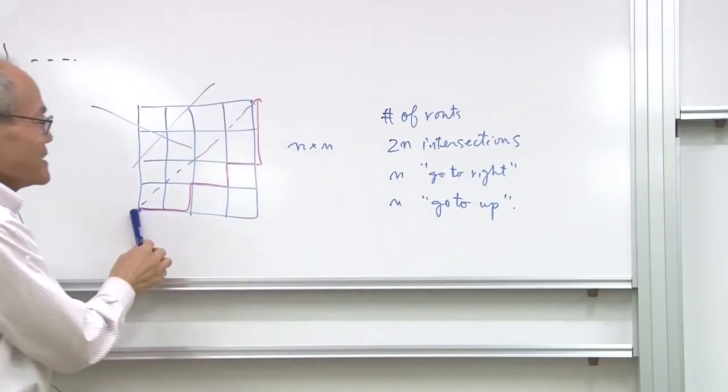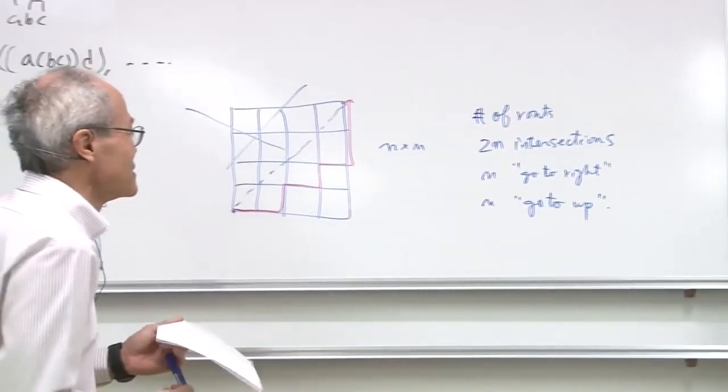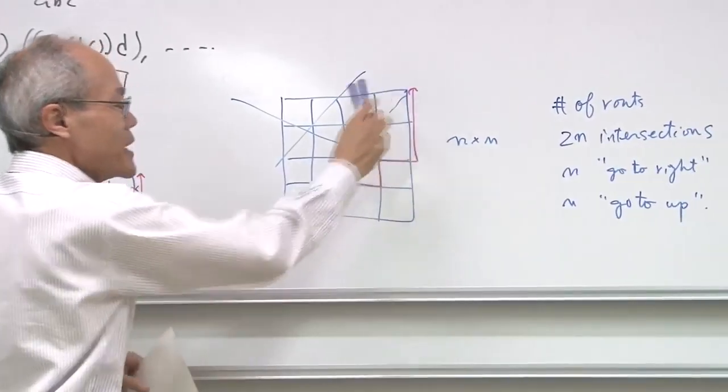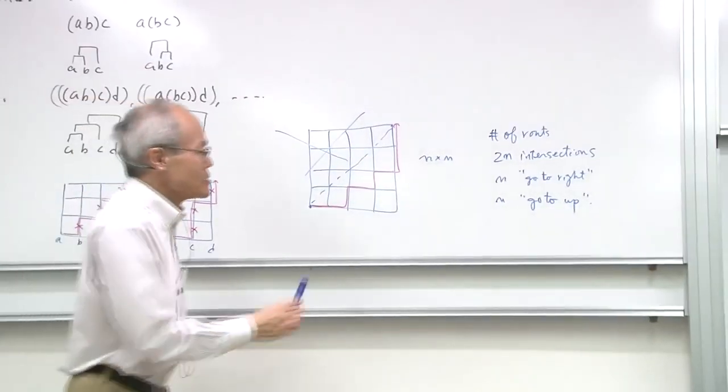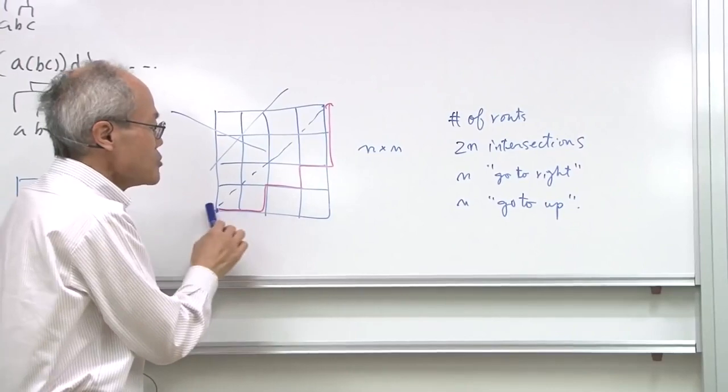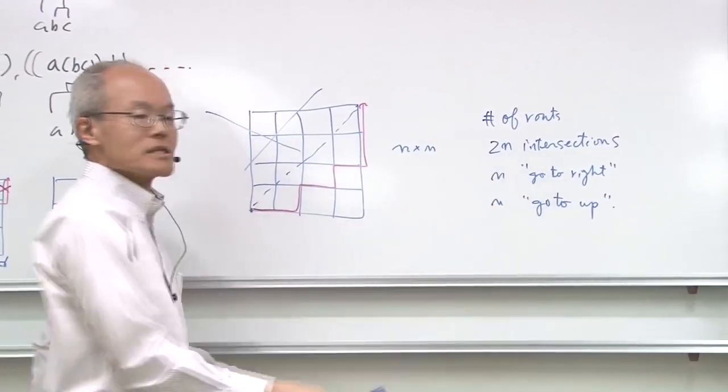From here to here, you have an n by n mesh. Then from here to here, you need to go through 2n intersections.